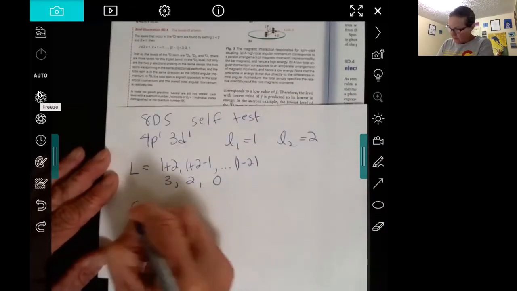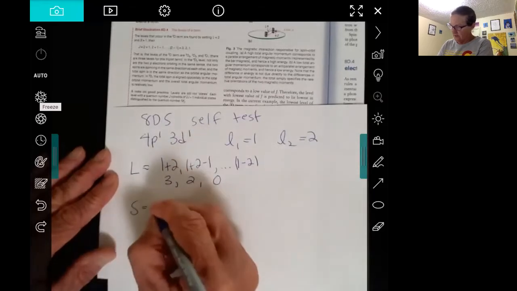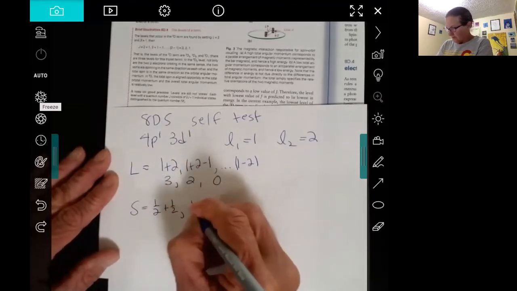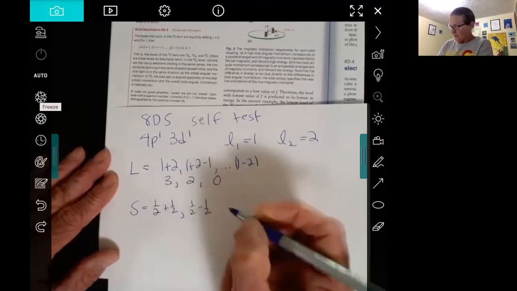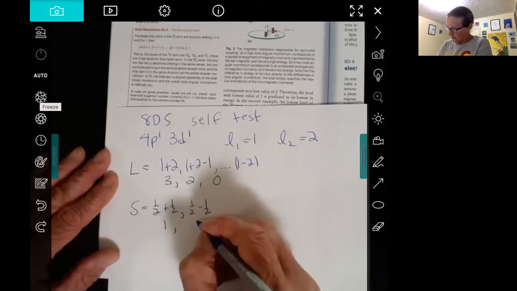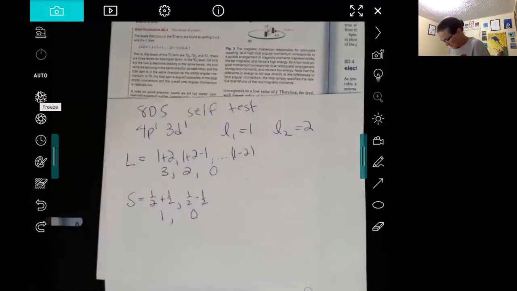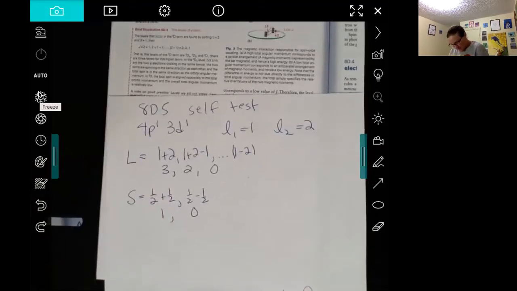And the spin quantum number, each electron always has 1/2. So it can be plus, and it can be minus, so the total S can be 1, or it can be 0. And now when we couple those together, I need to grab another blank sheet of paper.